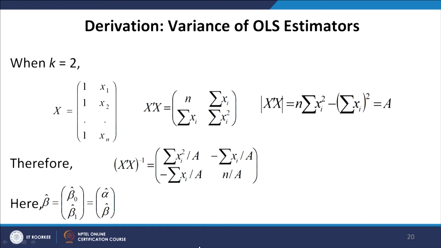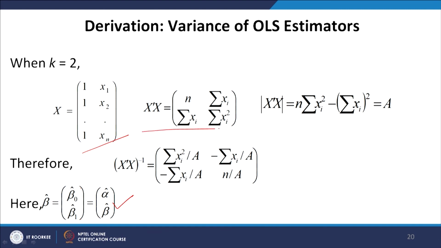Now, if you remember, while working with simple regression analysis, I did not derive the variance of alpha hat, I only derived the variance of beta hat, and I mentioned that derivation of variances is easier when we work with matrix algebra. So in the two variable case, that is when k is equal to 2, our beta hat is actually beta naught hat, beta 1 hat, which is equivalent to our alpha hat, beta hat in the simple regression case.